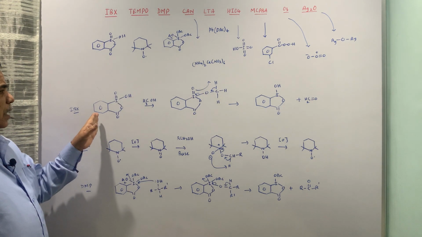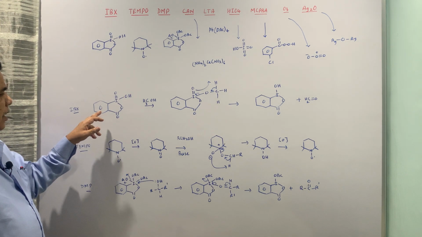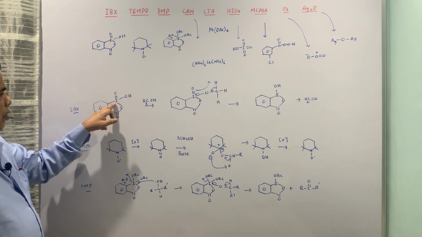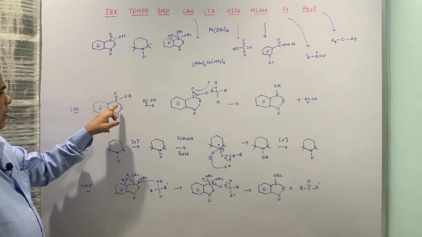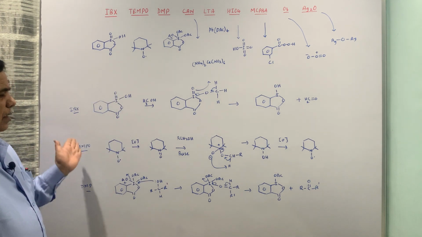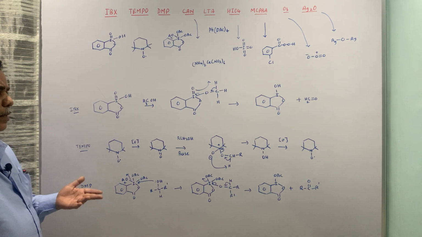This is iodoxybenzoic acid, and you can see the oxidation number of iodine here is 5. It can be 3, 5, and then the maximum is 7 and the minimum can be 1.